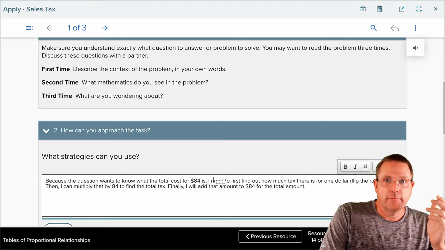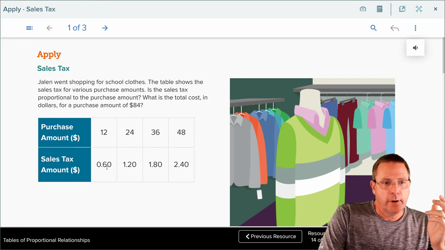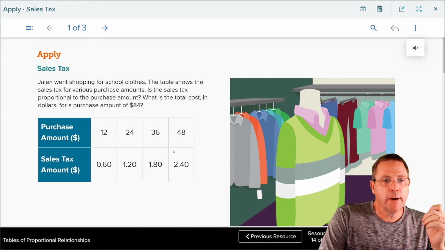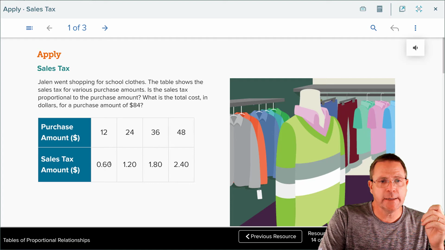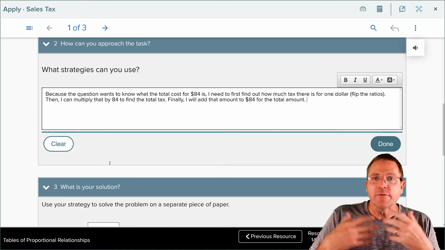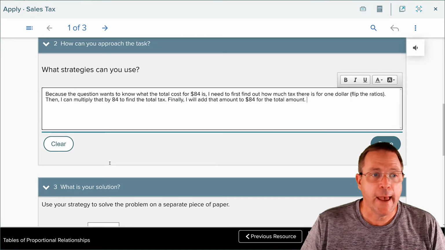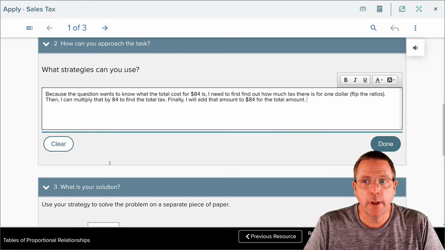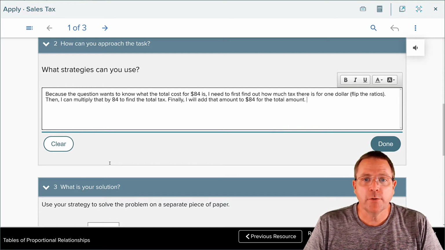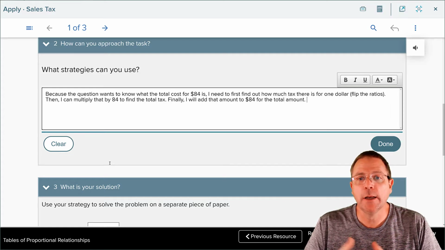So I found my constant of proportionality, comparing it to $1 of purchase, and that's going to give me my tax rate. That means I'm going to have to flip the problem over. After I do that, I can multiply by 84 to find the total tax, and then I will finally add that tax to the $84 to find the total amount.